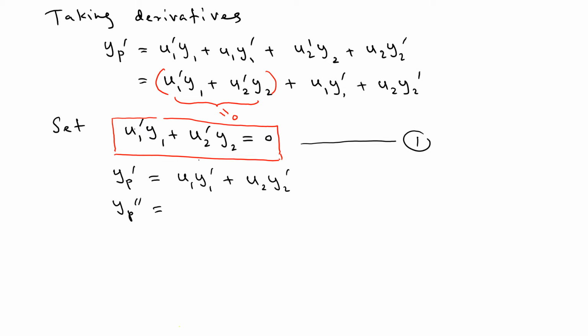Again, use the product rule. So we get u1 prime y1 prime plus u1 y1 double prime plus, similarly, u2 prime y2 prime plus u2 y2 double prime.